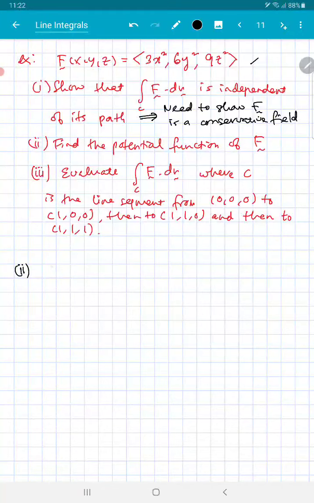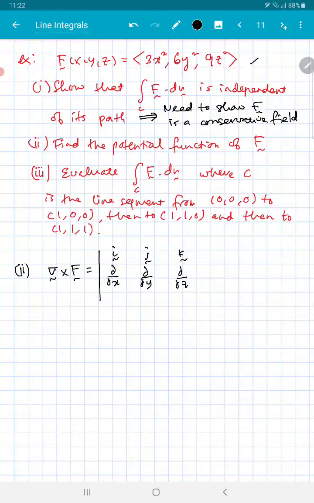To show that F does not circulate, we need to find del cross F, which is the curl of F. So curl of F is really the determinant of a 3 times 3 matrix. The first row are the standard unit vectors. The second row would be the components of del, which are partial x, partial y, partial z.